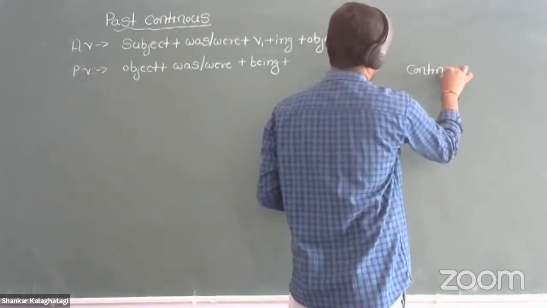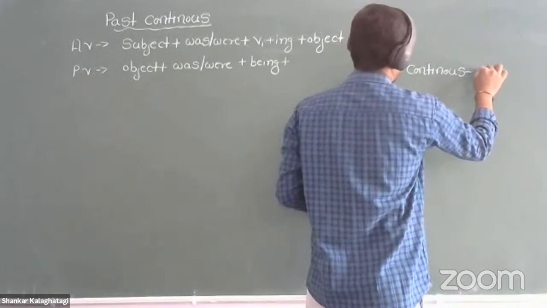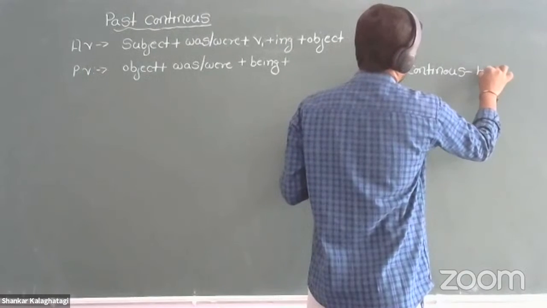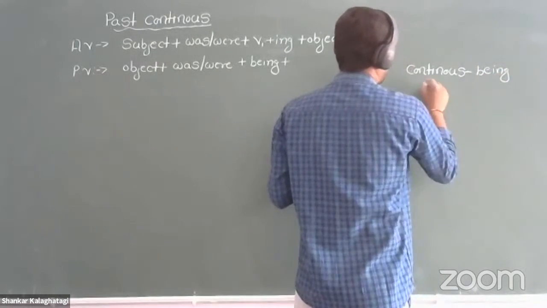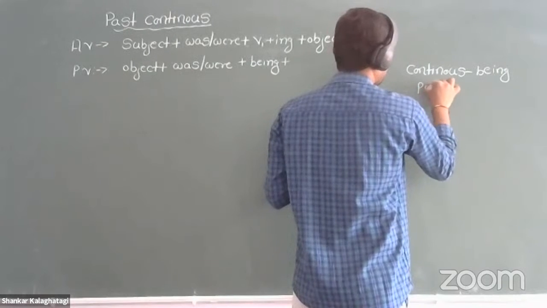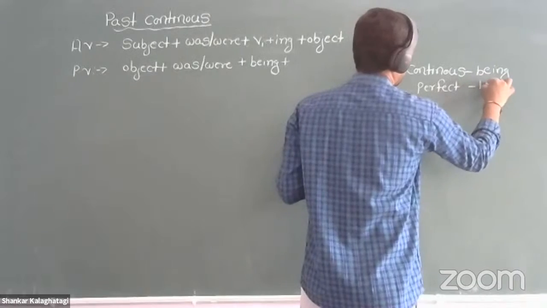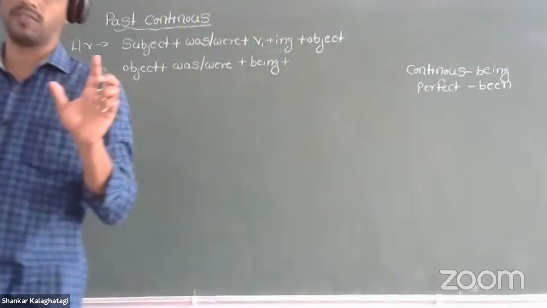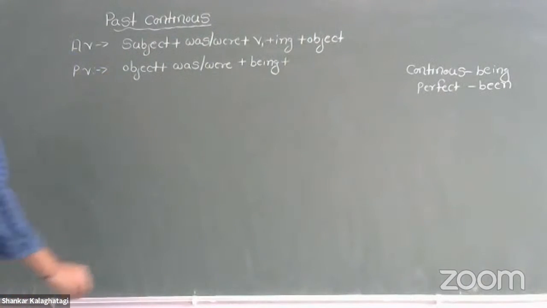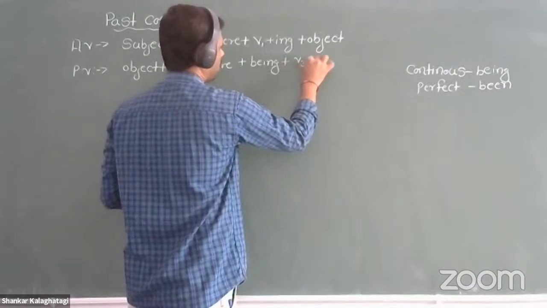Already yesterday we have given it. Any tense form, either it is present, past, or future, when continuous is there, we have to use being. When perfect is there, we have to use been. Any continuous, any perfect. Now being, after that, we have to write V3.